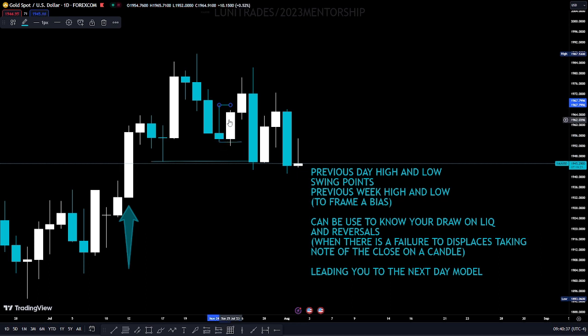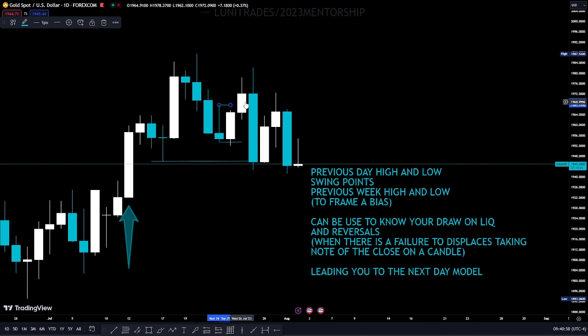So this already shows that price will be bullish, because these three candles have been closing lower, lower, lower. But this candle closed above, which is showing a sign that price wants to continue going higher.